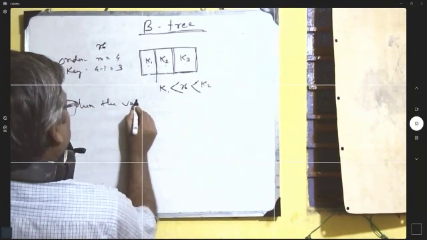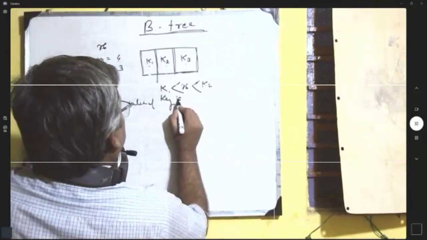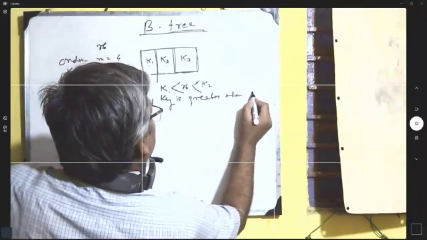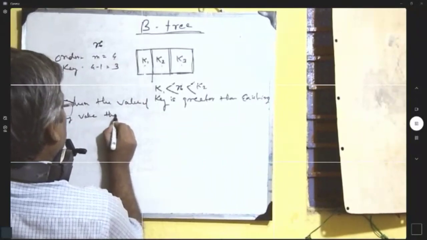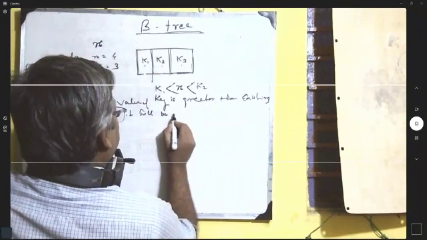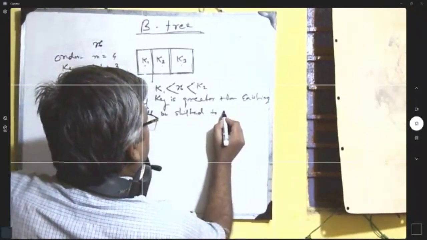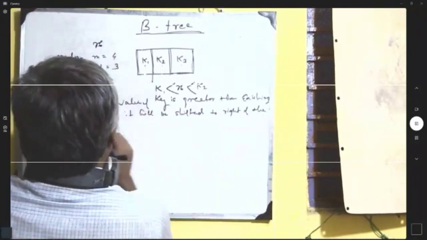When the value of a key is greater than the existing key value, then it will be shifted to the right of the key.